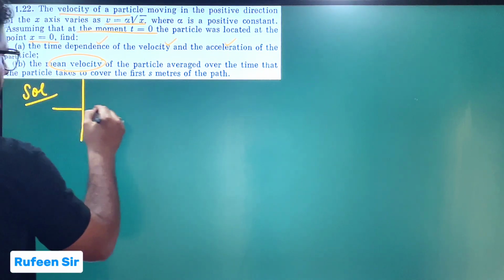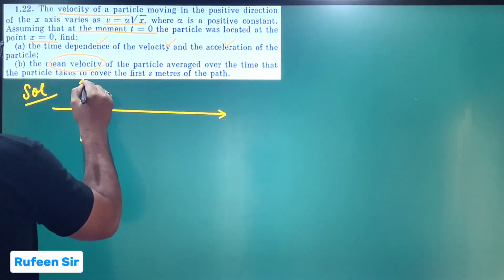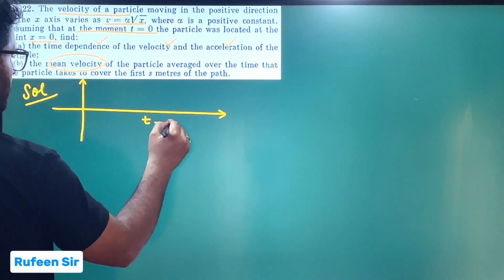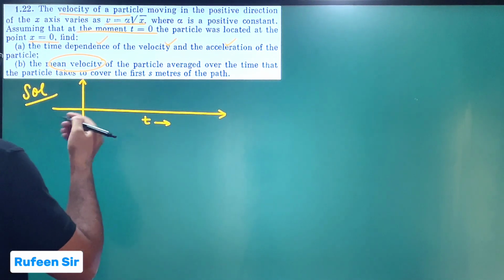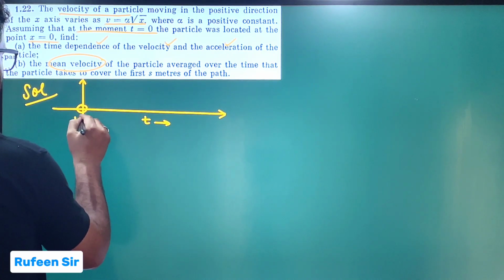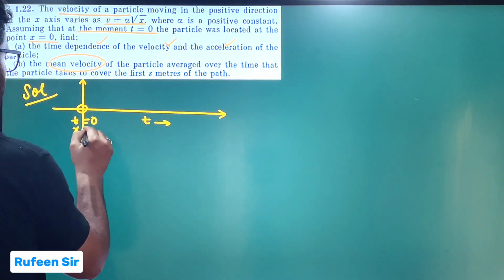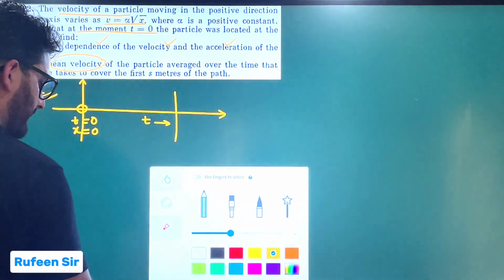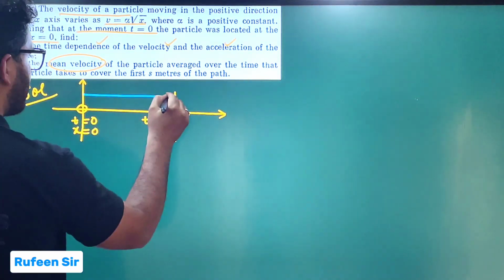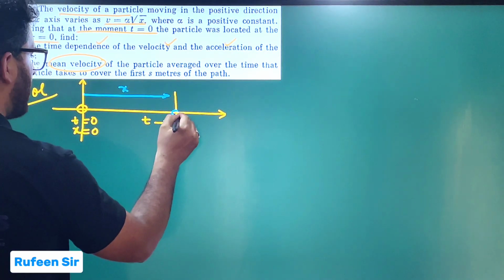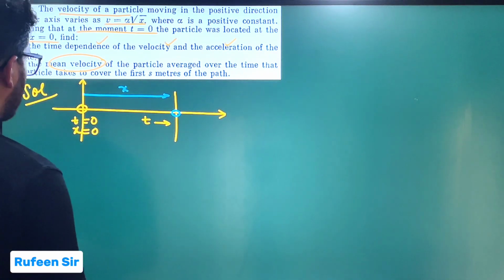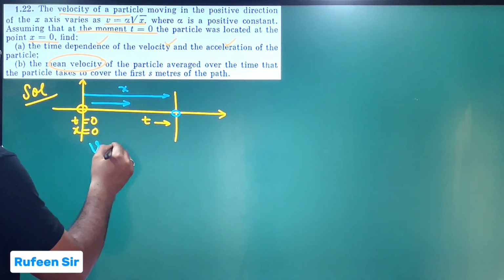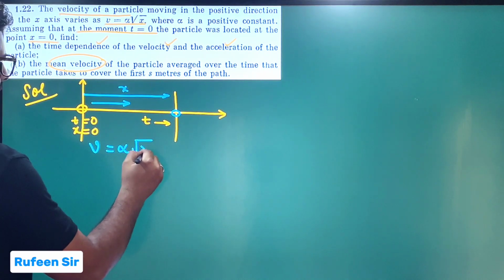Let us suppose the particle is going along the positive x direction, x is equal to 0. This is a function of time; at t is equal to 0, x is 0. Suppose after time t, the particle acquires this position, x after time t. So it's going along this positive direction. v is given by alpha root x, a function of displacement.